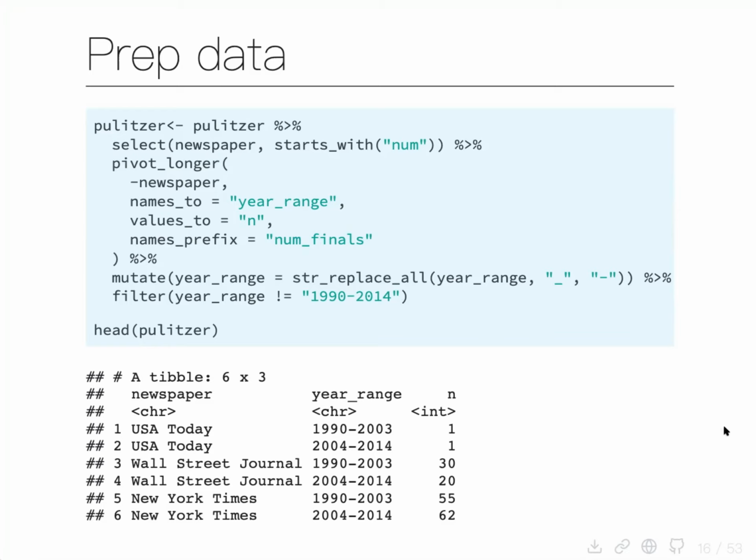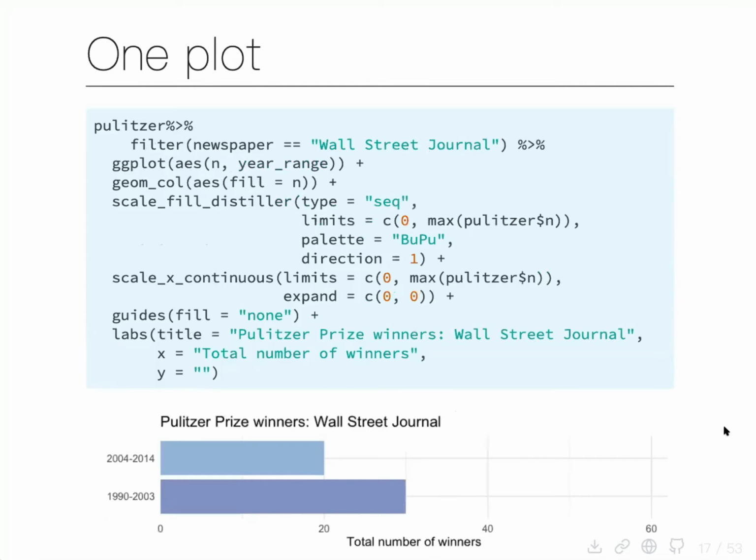Everybody there and ready to go? Okay. All right, let's say we wanted to create one plot. Again, you can just copy this code if you want. This is for the Wall Street Journal. I take Pulitzers, pass that to filter, and say where newspaper is equal to Wall Street Journal. Then from there, that goes to ggplot.